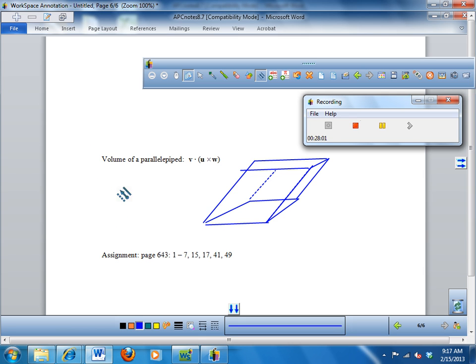Okay, so if you take a prism, you push it over to the side, and you take two of the sides, U cross V, and you multiply that by the other side, W, with the dot product, you would get the volume of that 3D shape. But these sides have to all be parallel, and the bases have to be parallelograms as well. All faces are parallelograms in a parallelepiped, but I don't think I even have them. So that's the end.